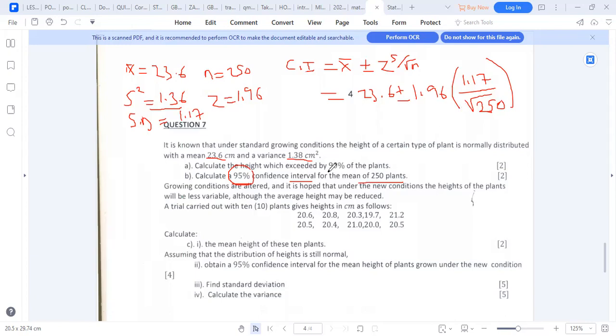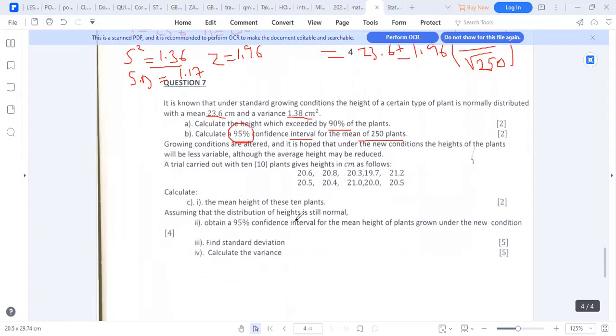The first part is on hypothesis testing, which I'll teach later on. But the second part is on confidence interval. Look at what they've done. They've given us these figures and they've asked us to find the mean of the heights. I've taught you how to do that. You need to add them up and square them individually, and divide by n, which is 10.